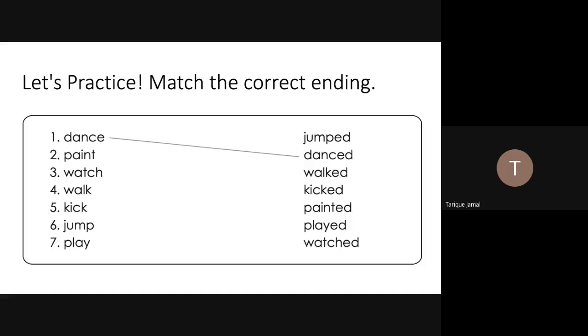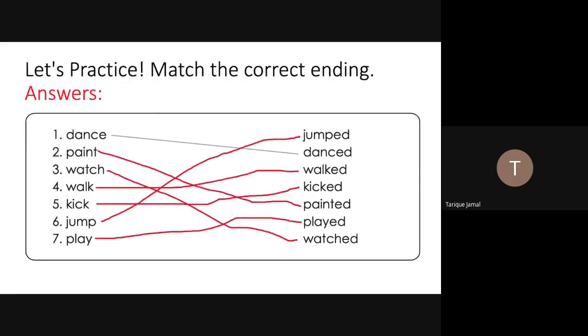All right, let's move on and see how you guys did. Dance, danced, right? Jump, just add ed, jumped. Paint, add ed, painted. Walk, we have already done that in the beginning.